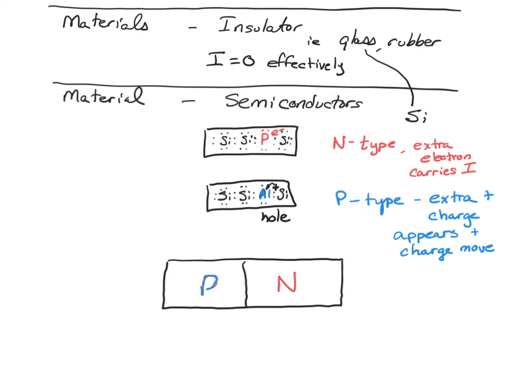Now, since there's electrons available in the N-type, they tend to fall into the P-type. So here's these electrons. They fall into the holes.